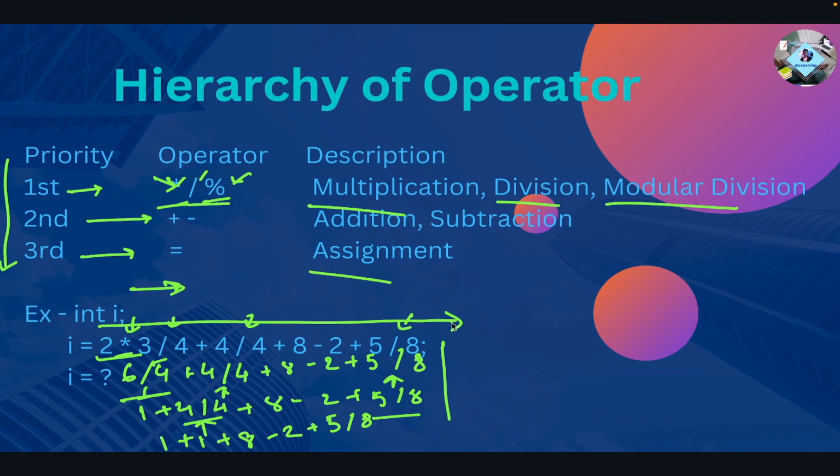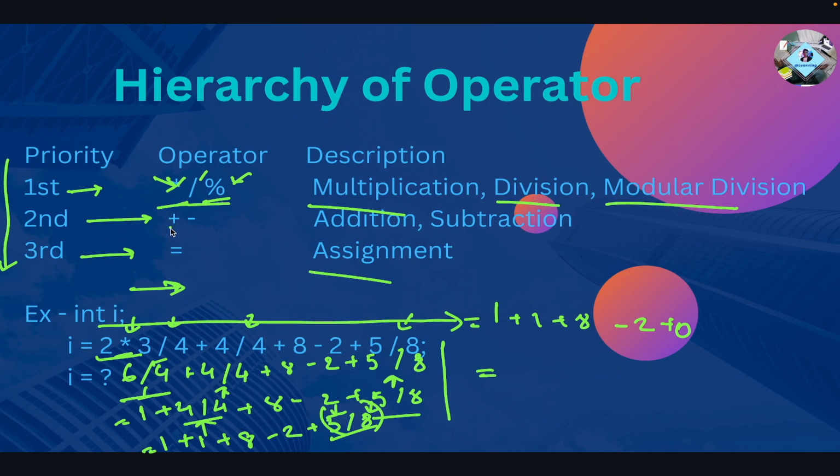So next will be this one, division. So the next line will be plus 1 plus 8 minus 2 plus 5 by 8. What will it give us? It will give us the quotient. As both of these are integers, the result will be an integer, that will be 0, right?